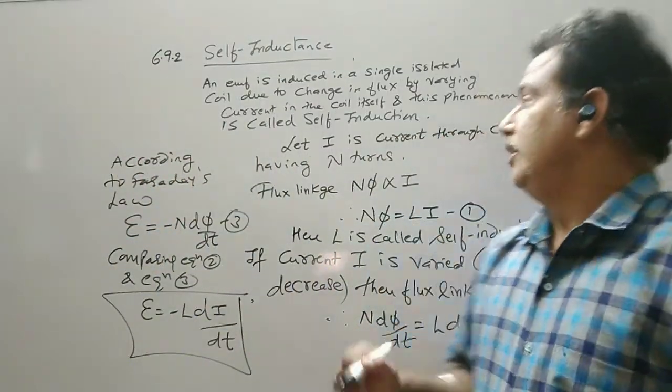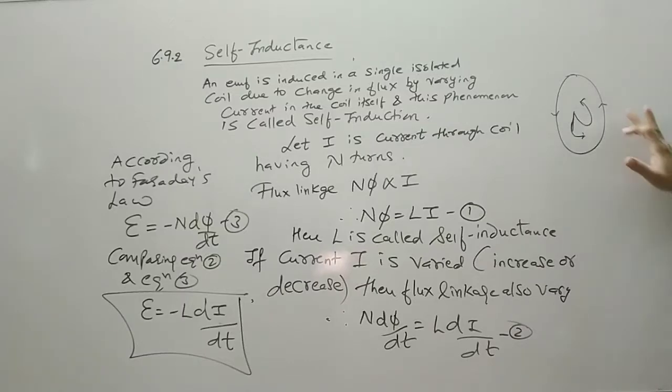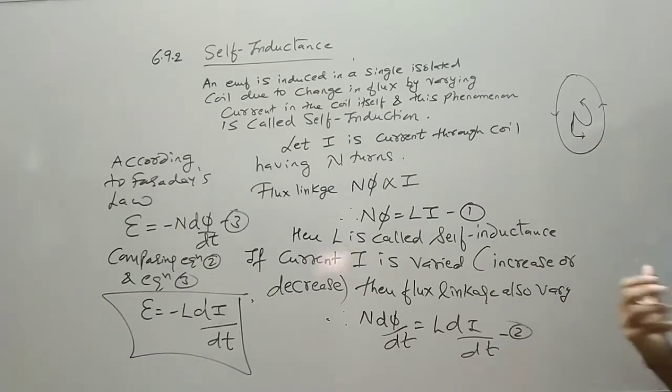So if the current is flowing, say, in an anti-clockwise direction, and the current is increasing, it means this face is becoming more and more north pole, that is, the magnetic field lines or magnetic flux is increasing, so its polarity is getting stronger.